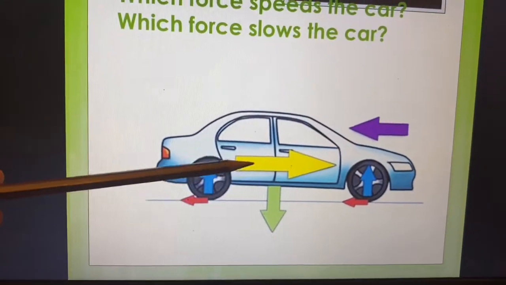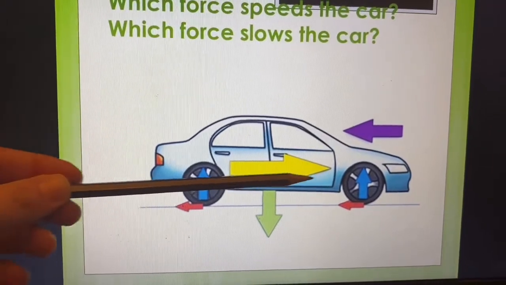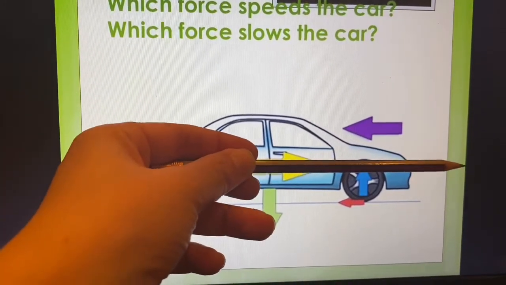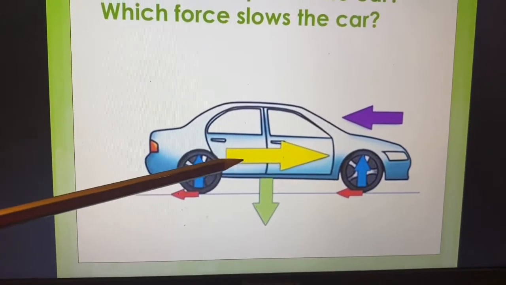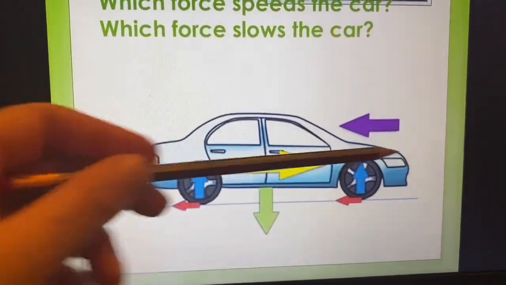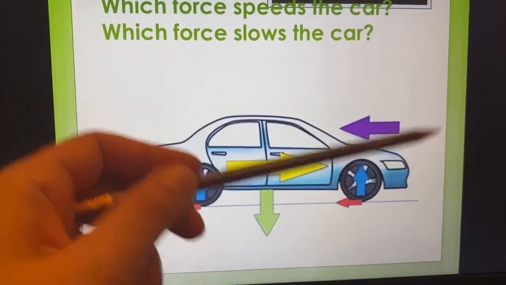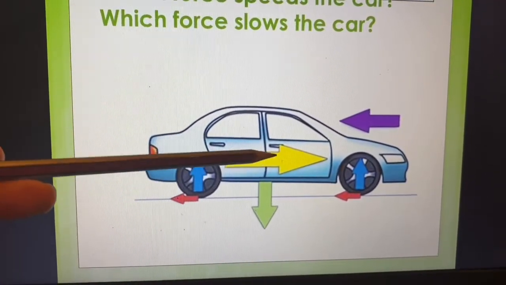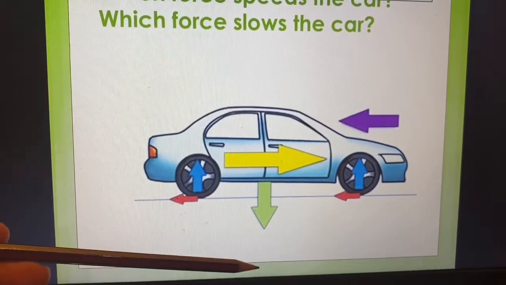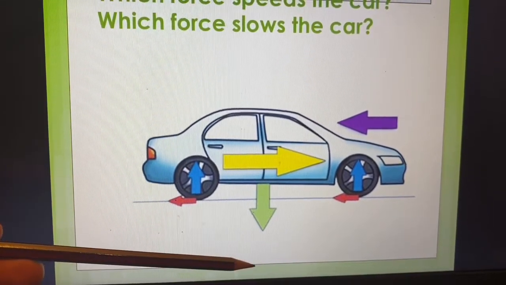Now here the car is moving forward because the driver is pushing the gas. So this is a force, we call it a driving force. Also, there's an effect of gravity on this car, so there is another force that pushes it downward.